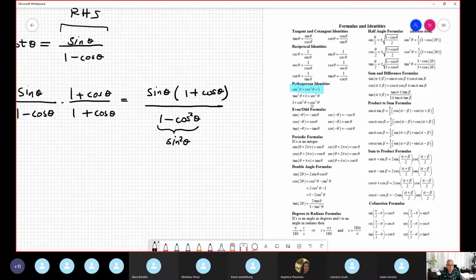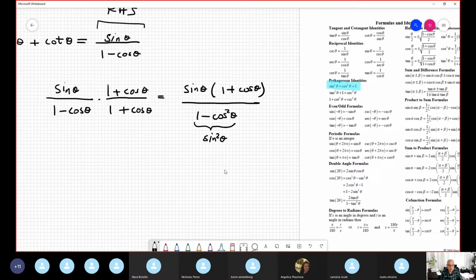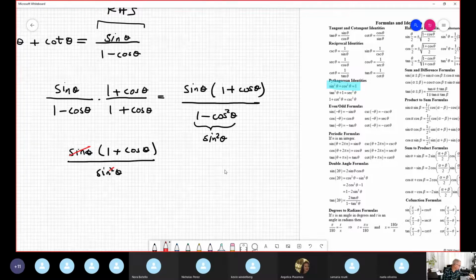So I recopy: sine theta times 1 plus cosine theta divided by sine square. It's obvious that at least one sine is canceling. One cancels and this cancels. And so far we have 1 plus cosine theta divided by sine, only one sine.